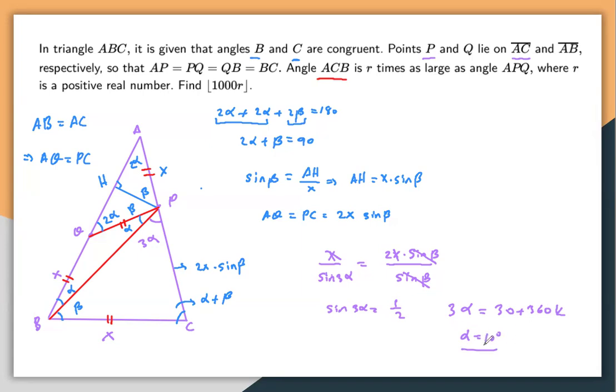So alpha is 10 degrees, which makes beta 70.